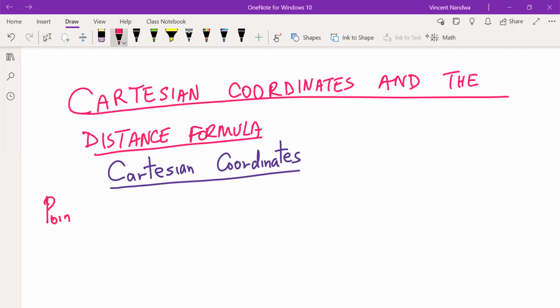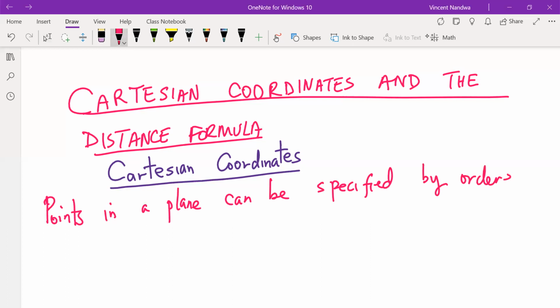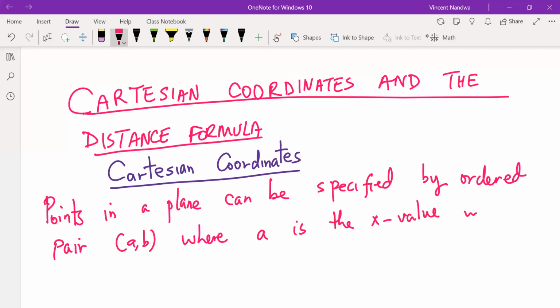So points in a plane can be specified by ordered pair A, B, where A is the x value, while B is the y value.